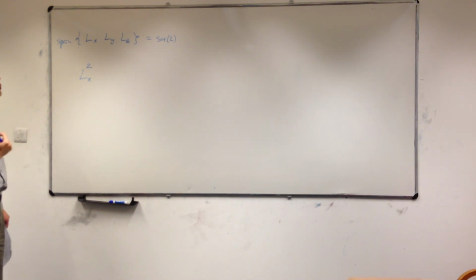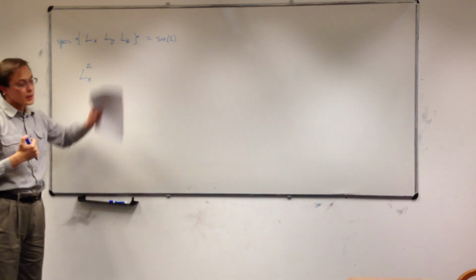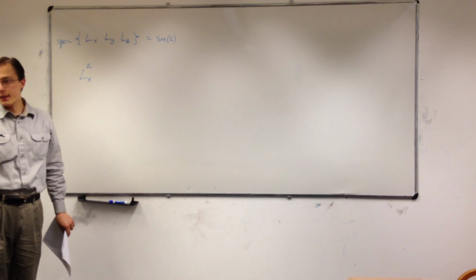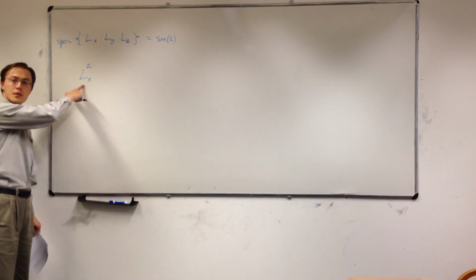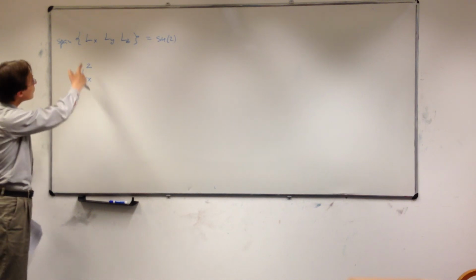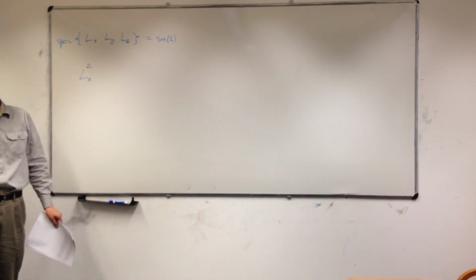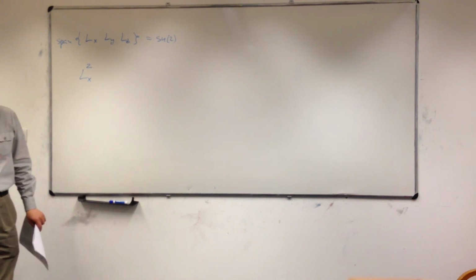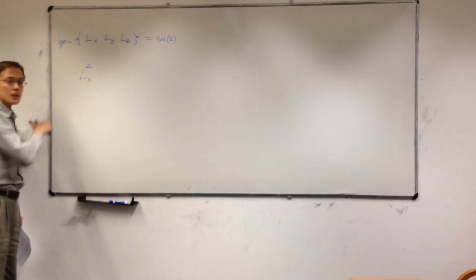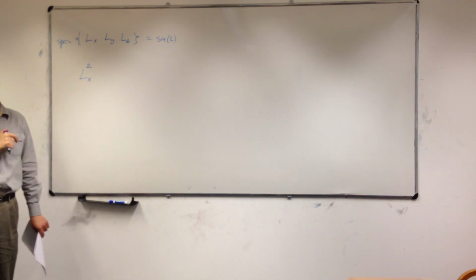There is no operation inside the SU2 Lie algebra except linear combination and commutation. There is no such thing as a square. If you commute Lx with Lx, the commutator is 0. So, insofar as the Lie algebra goes, Lx squared has no place in it.